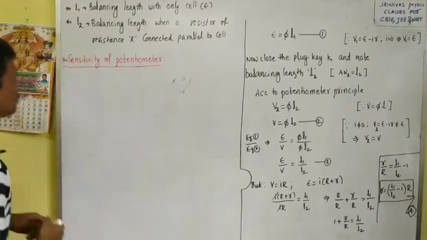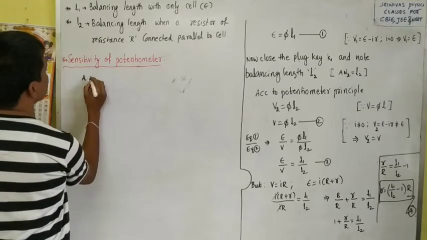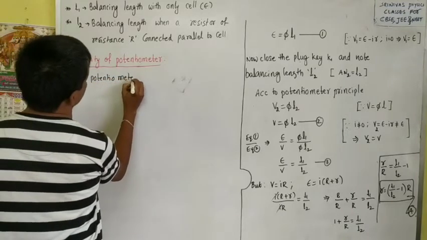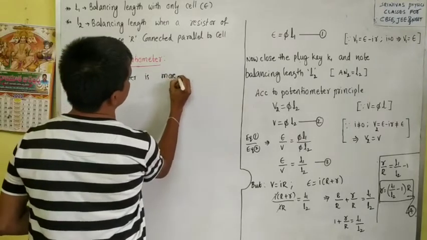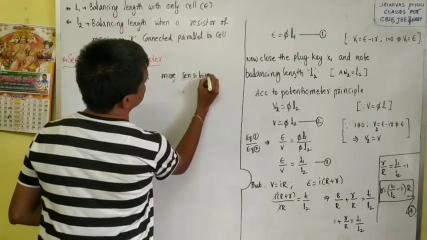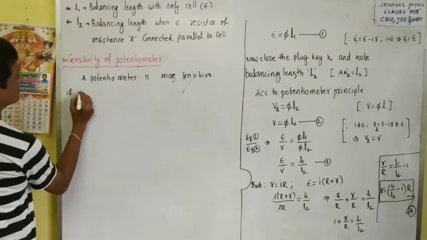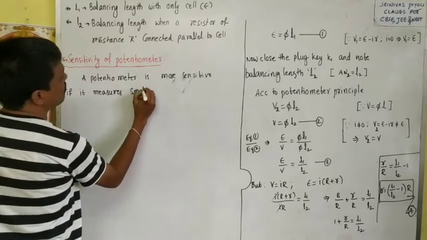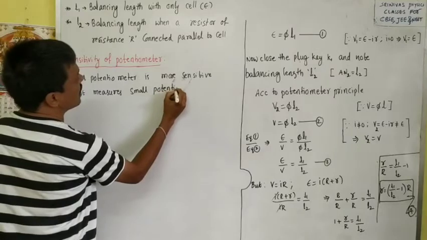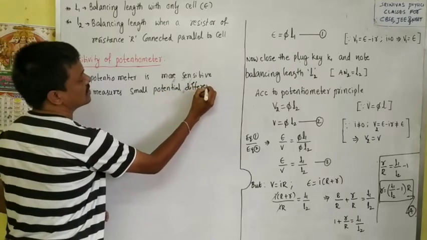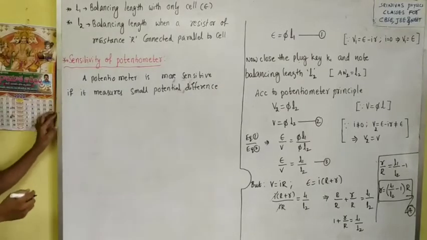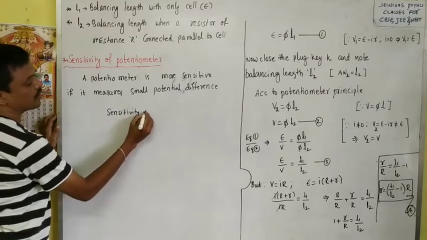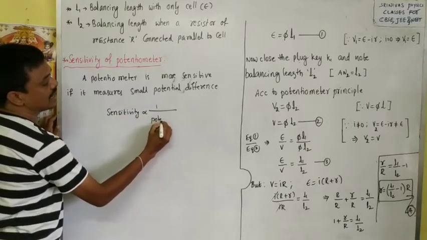On what factors does the sensitivity depend? The sensitivity of a potentiometer is inversely proportional to the potential gradient.